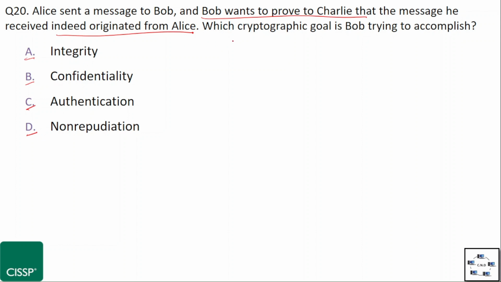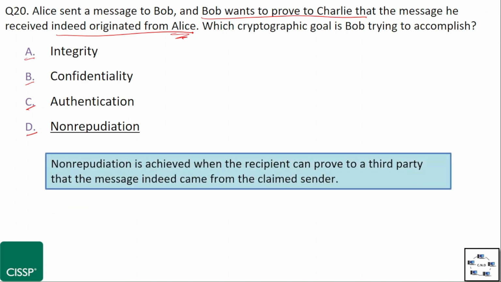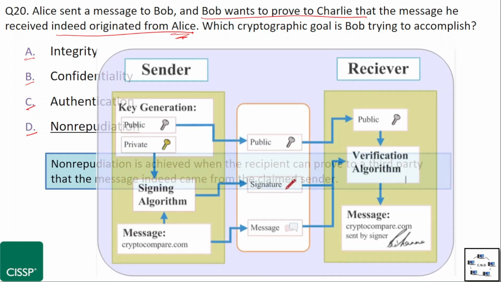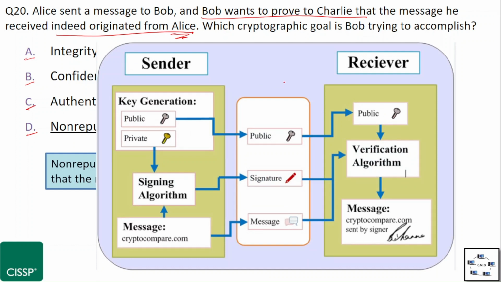So we are talking about the authenticity of the message that proves that it is sent by Alice. And this feature is known as non-repudiation. Non-repudiation is achieved when the recipient can prove to a third party that the message indeed came from the claimed sender. This diagram shows how non-repudiation works.